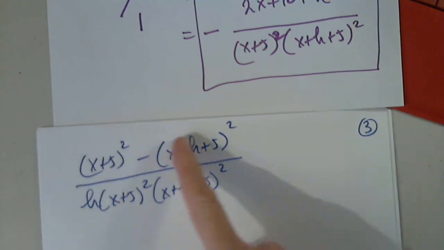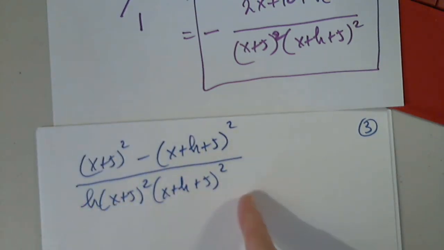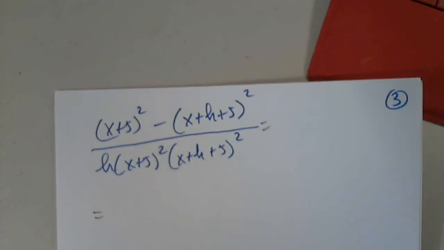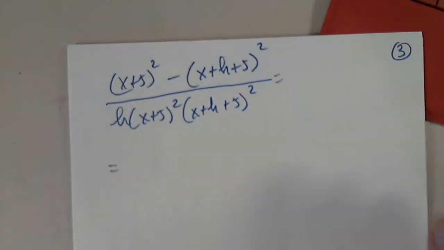Because this is a term here, and this is a factor here. You cannot simplify a term with a factor. You can only simplify factors. You cannot simplify terms.